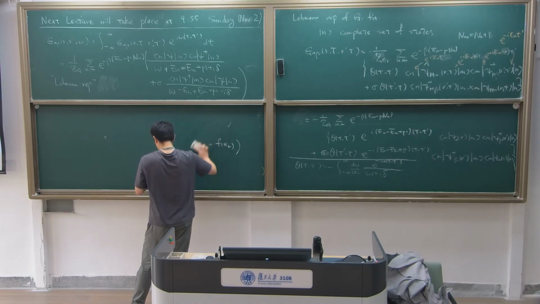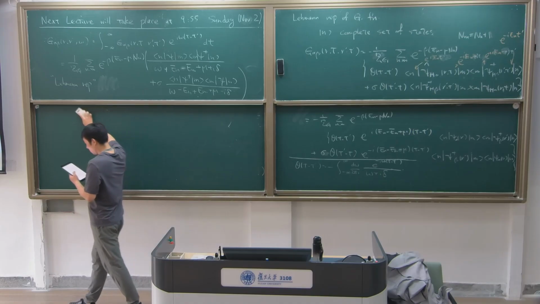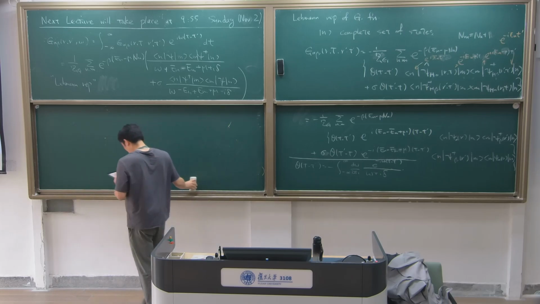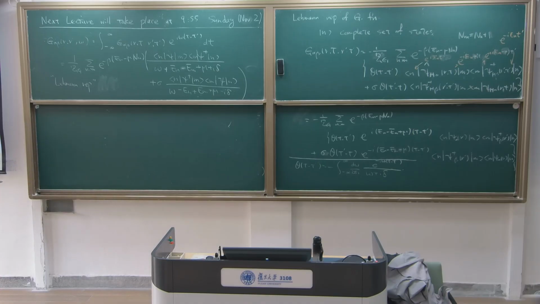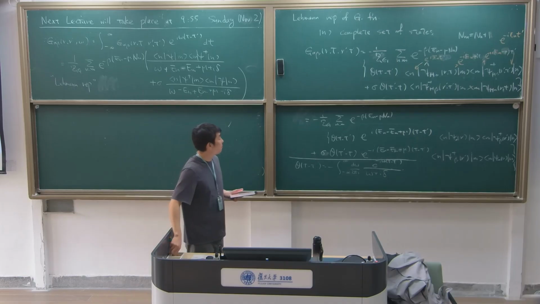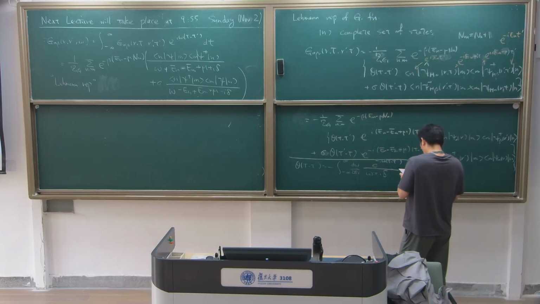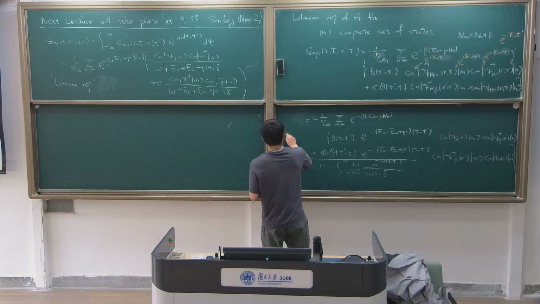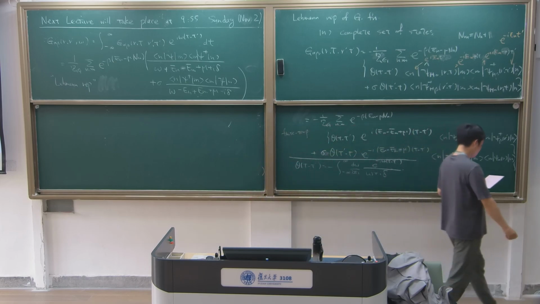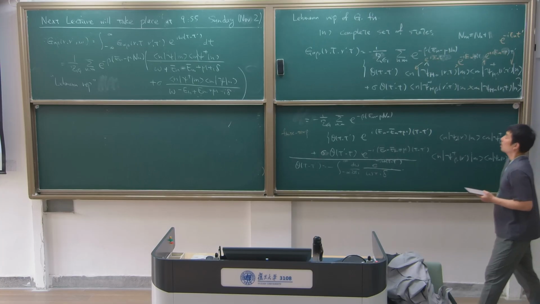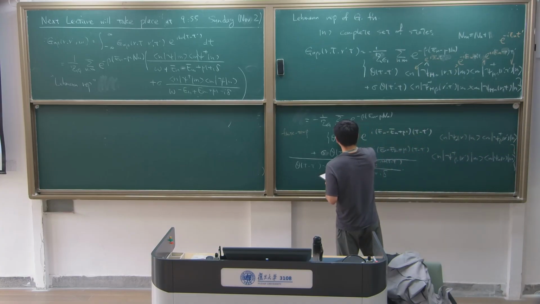So we can do the same thing. This is just the non-interacting case, and then for the finite temperature case, just replace t by tau.